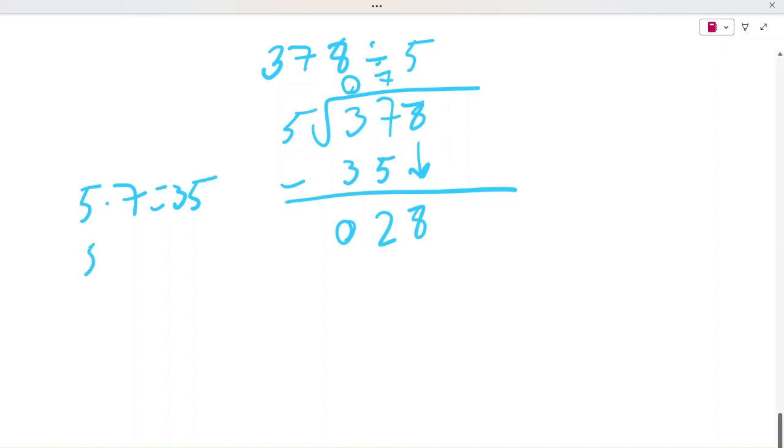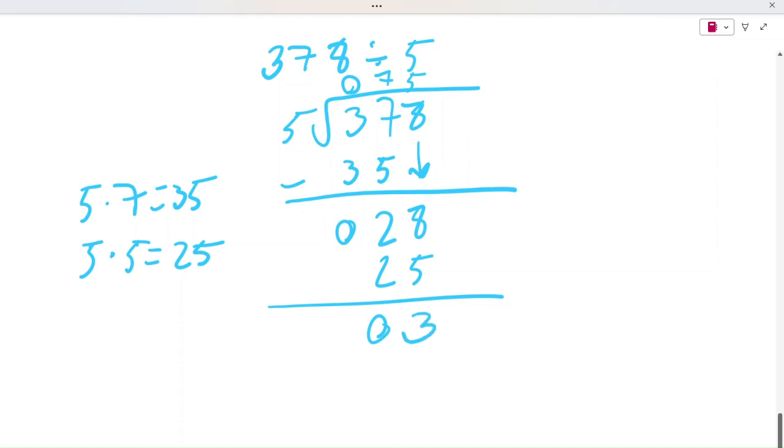We know 5 times 5 is 25. We can't fit another 5 in because we'd go past 28. So we fit in 5 times. 5 up top. 5 times 5 is 25. 2 minus 2 is 0. 8 minus 5 is 3.